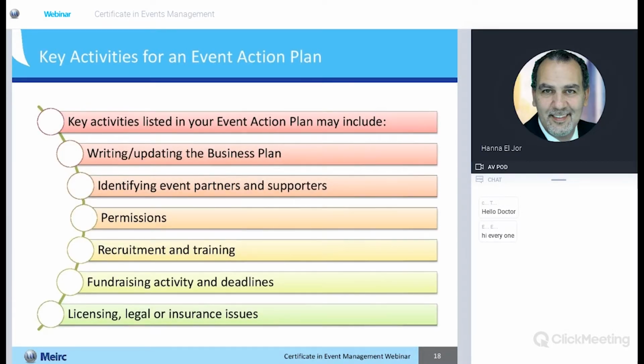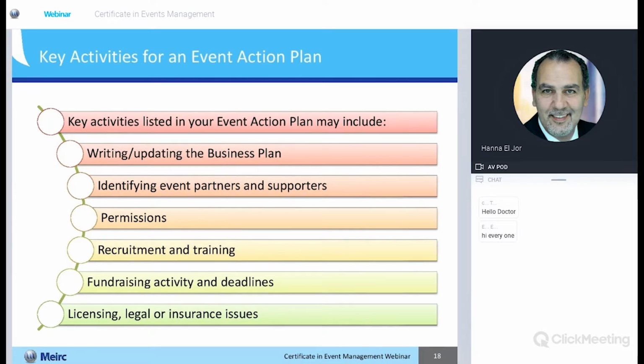Some of the key activities when we talk about an event action plan. First of all, we need to write a business plan in the long term. And as we said, the event action plan, or EAP, should be a part of the body of this business plan. So writing and or updating the business plan is the first key activity.